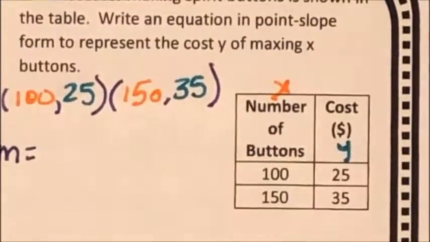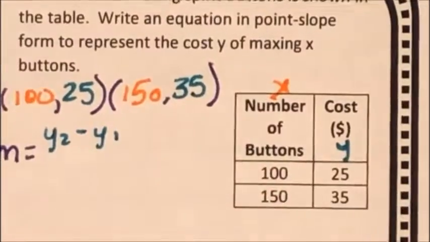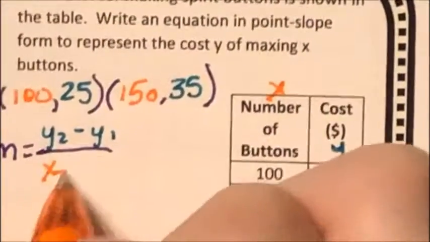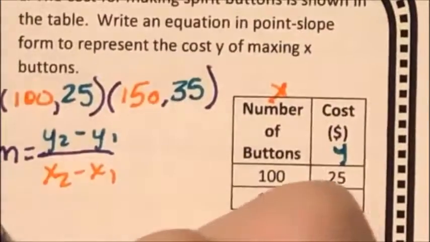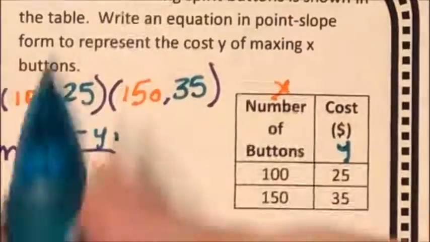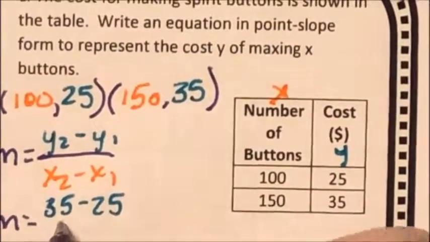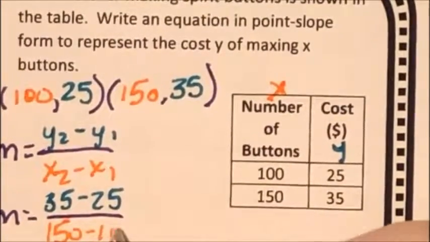Okay, so the first thing I want to do is do my slope. So m equals y2 minus y1 over x2 minus x1. Okay, so that means I have 35 minus 25 over 150 minus 100.